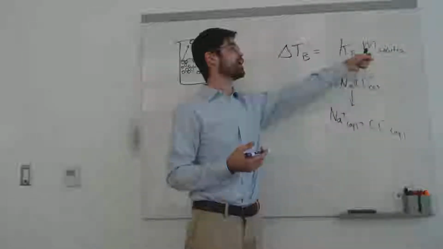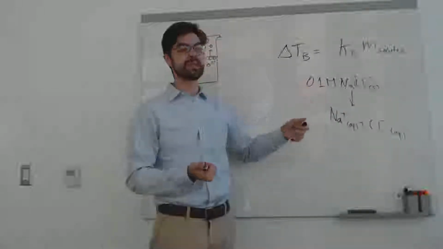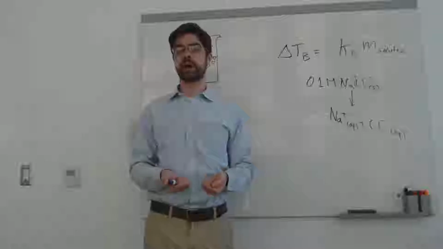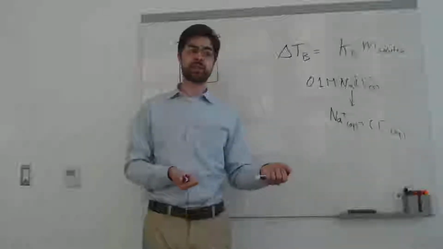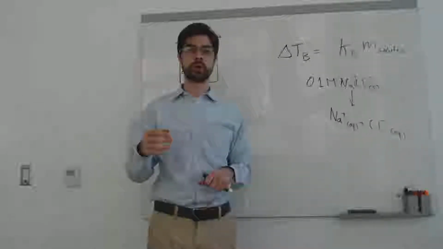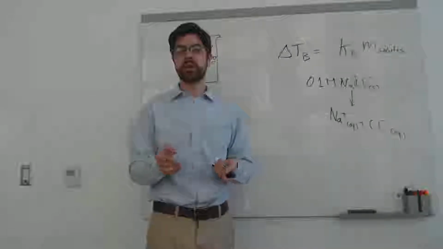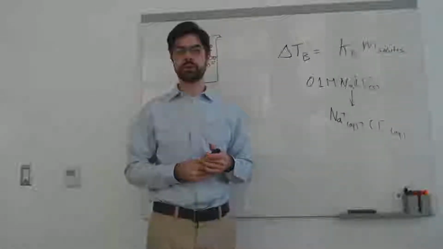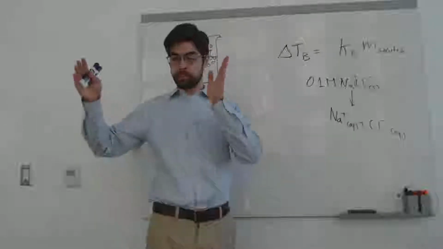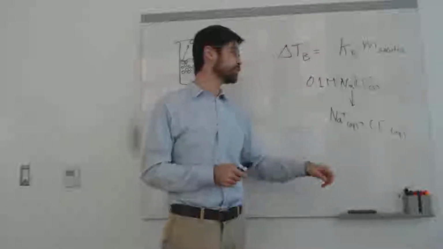So your total concentration of solutes ends up being twice what you might have expected if you're just looking at the label on the bottle that says 0.1 molar sodium chloride. Its total concentration of solutes is 0.2 molar: 0.1 moles per liter of sodium ions and 0.1 moles per liter of chloride ions.